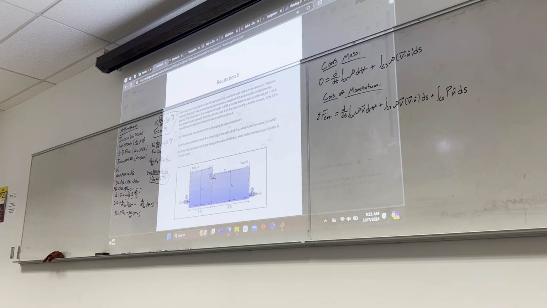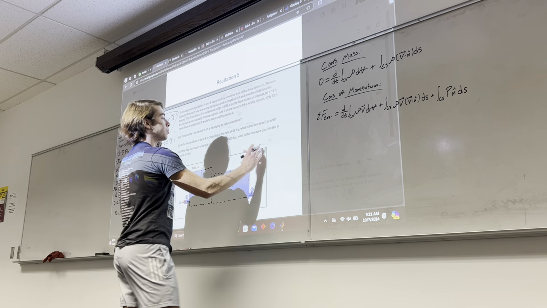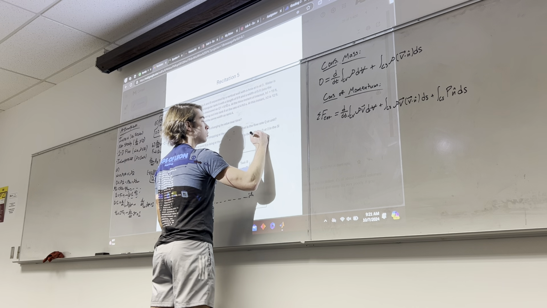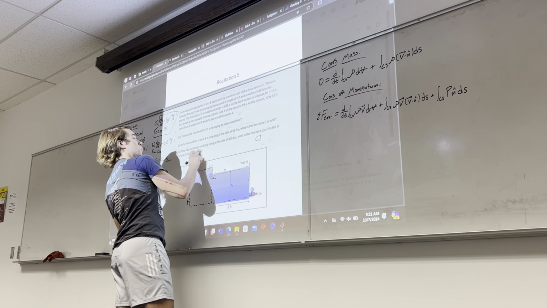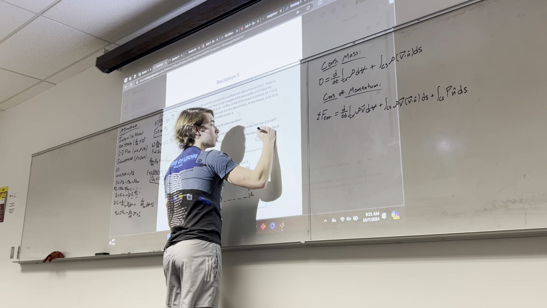Part C is literally the same thing, but now it's just rising 0.05 feet per second. So I'll go do that one over here really fast. So let's do it. So C. dH2 dt.